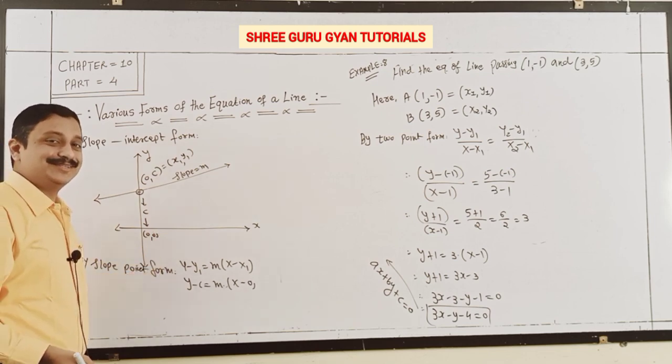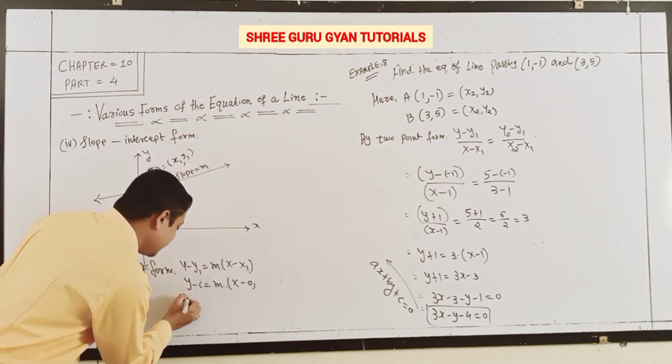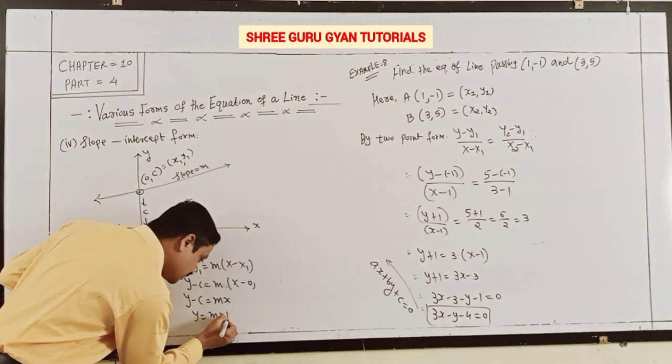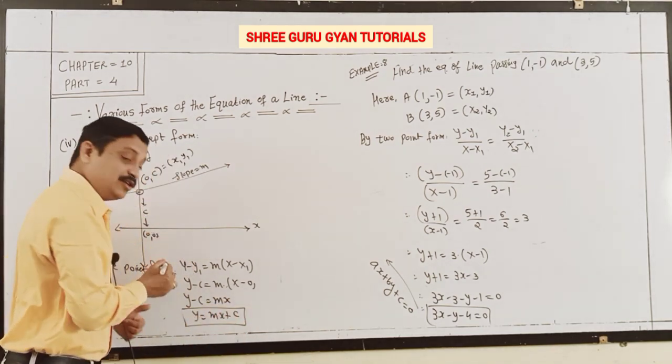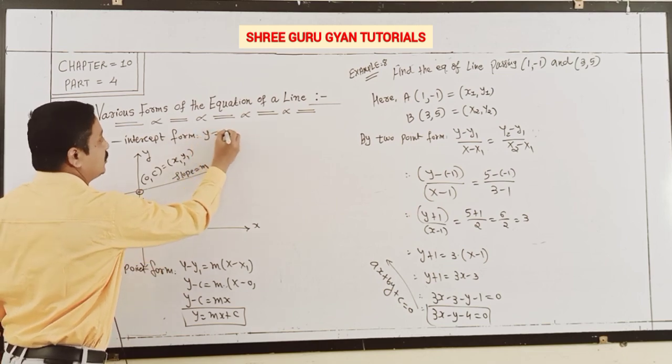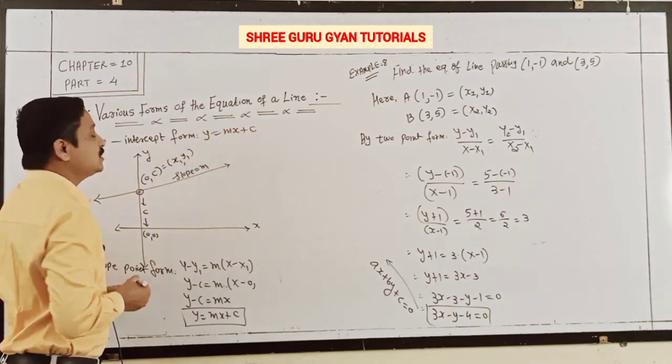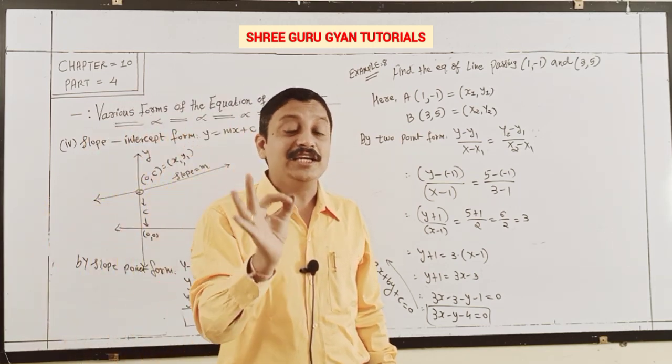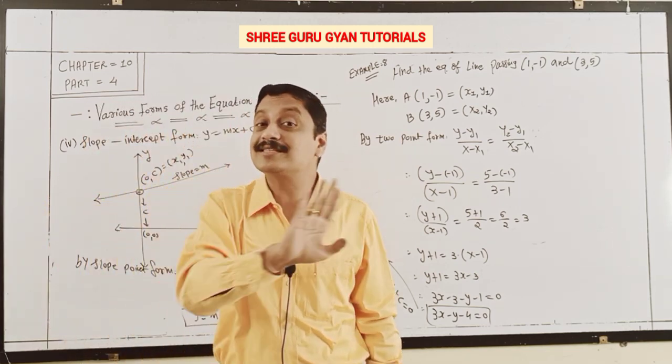Passing through point known, slope known. Just arrange: y minus c is equal to mx, so y is equal to mx plus c. And students, learn this equation by heart. It is the slope intercept form. I again repeat my word: intercept, not intersect.